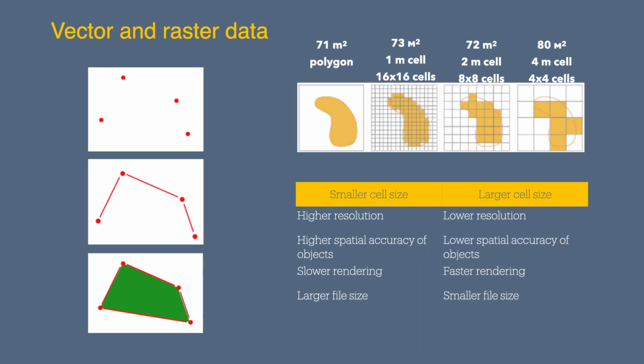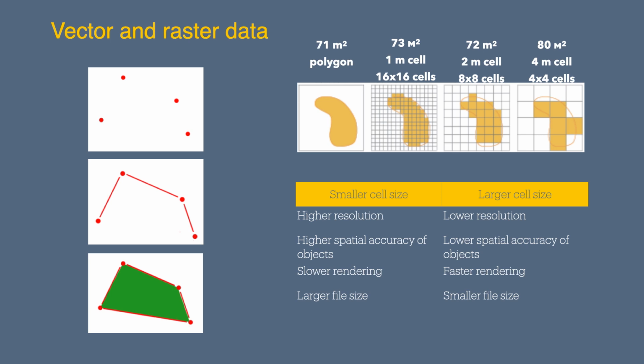Vector and raster data are two main types of geodata, and they have different features and uses. Let's start with vector data. Vector data is based on geometric shapes. There are 3 main types: points, lines, and polygons.